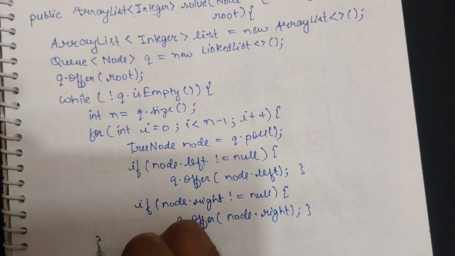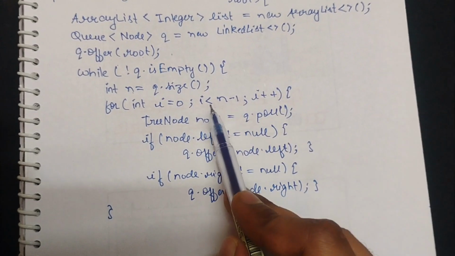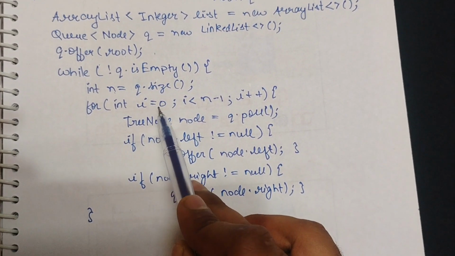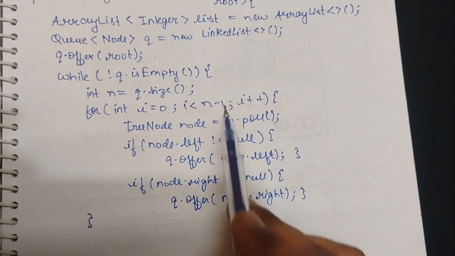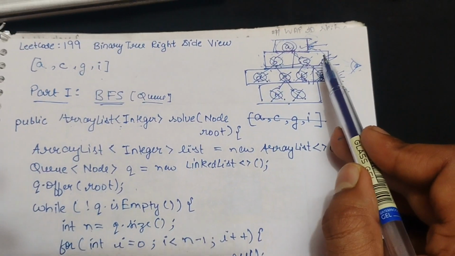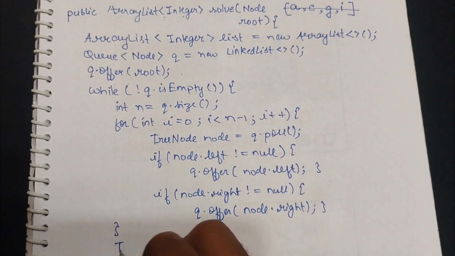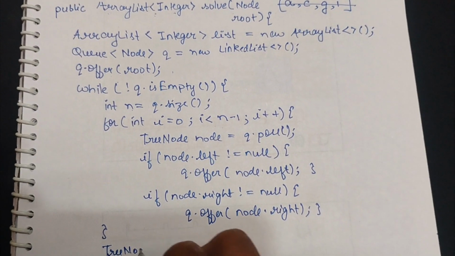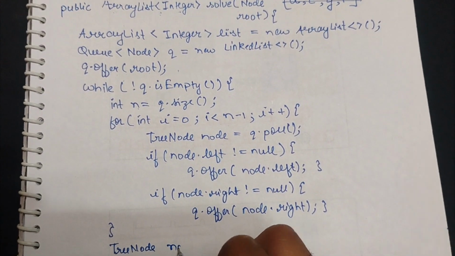Okay, now simply I'll end this for loop. As I ran this loop from 0 to n minus 1, still one node is remaining at that level. What node? The last node is remaining. So for the last node, I'll pop it out.